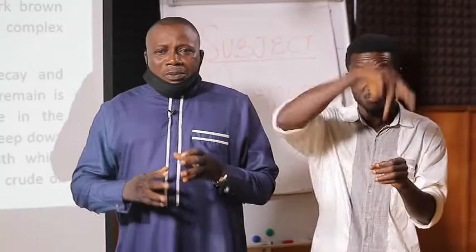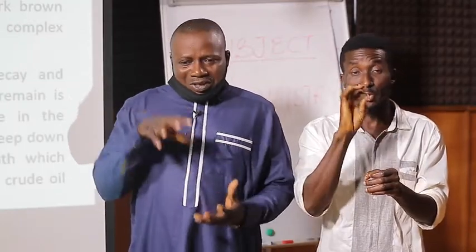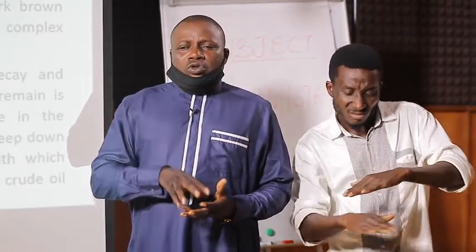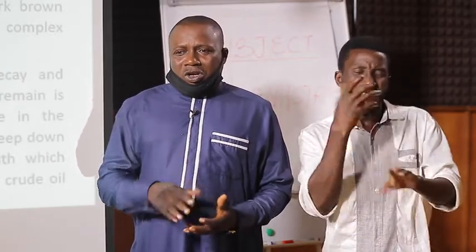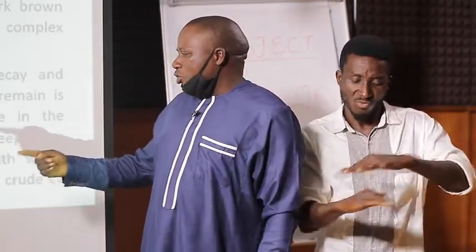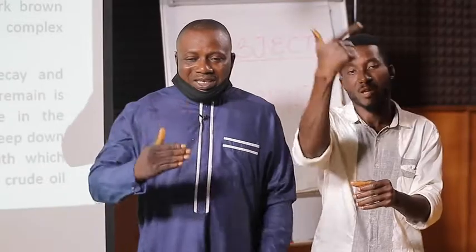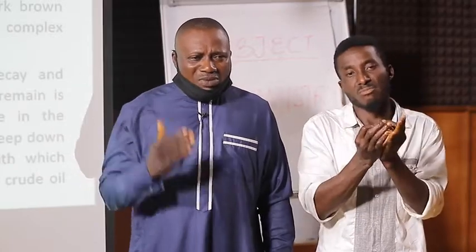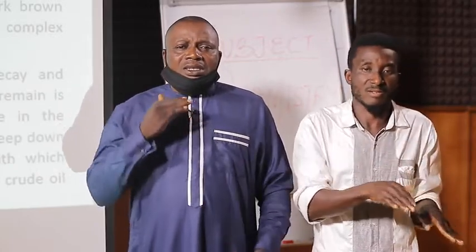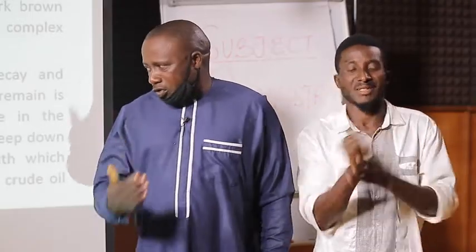The petroleum or crude oil is trapped down through a hard surface rock under the ground. Whenever we are talking about this, the petroleum is always together with the natural gas, and it is formed as a result of this death and decay of plant and animal remains that are buried deep beneath the earth crust.